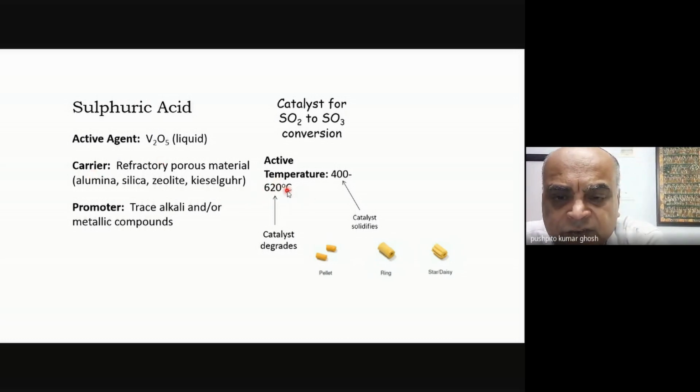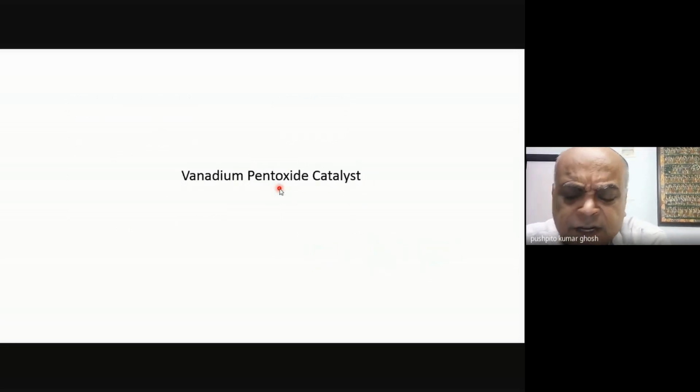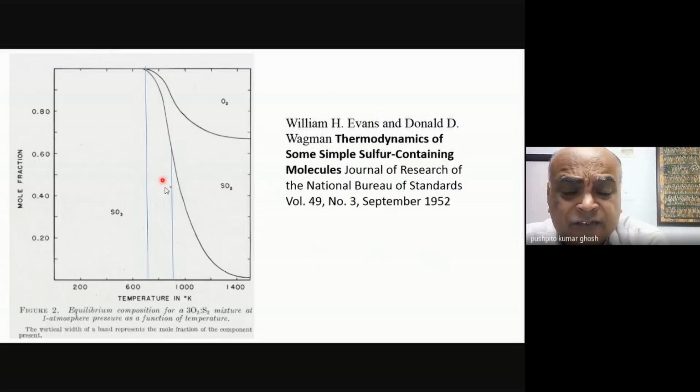Now, another very, very interesting thing is that 620 degrees is the temperature at which vanadium pentoxide starts degrading. Okay? Whereas less than 400 degrees centigrade, it solidifies. So the temperature at which it remains a stable liquid is very nicely in tune with this.